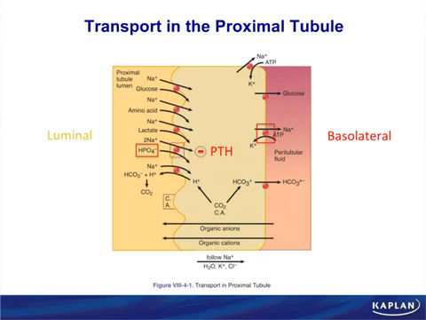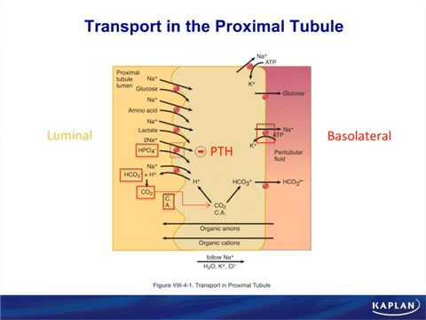Now, bicarbonate deserves a special mention. This is bicarbonate that was filtered at Bowman's capsule. Let's talk about reabsorption of bicarbonate. In order to reabsorb bicarbonate, you need carbonic anhydrase. Carbonic anhydrase will convert bicarbonate and a proton to carbon dioxide and water. This carbon dioxide diffuses into the cell.